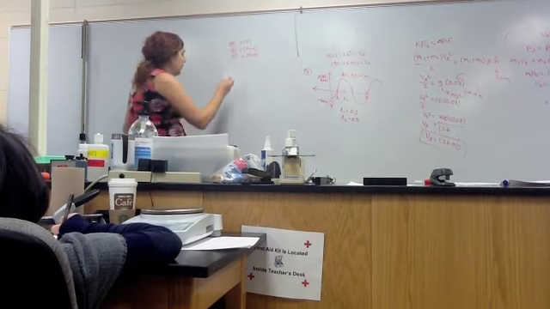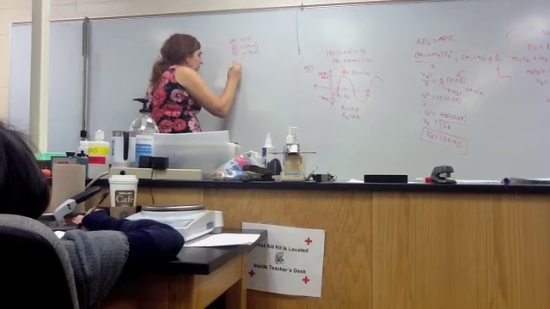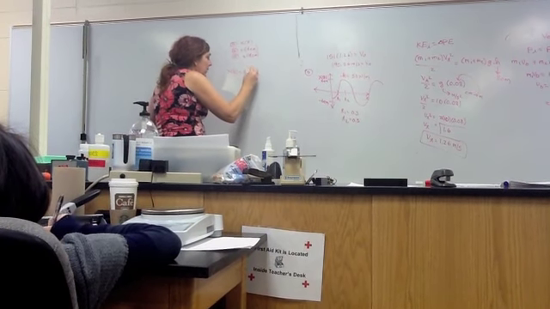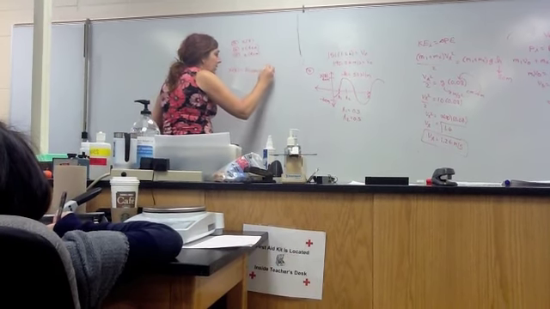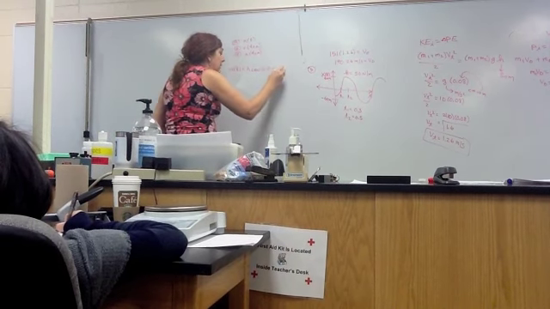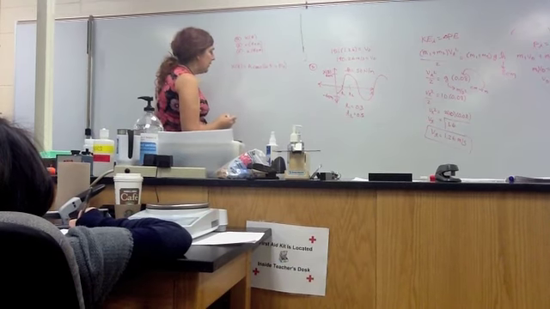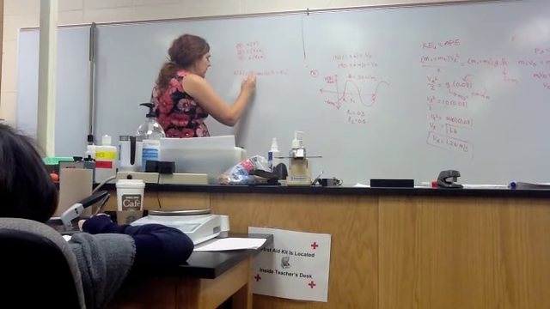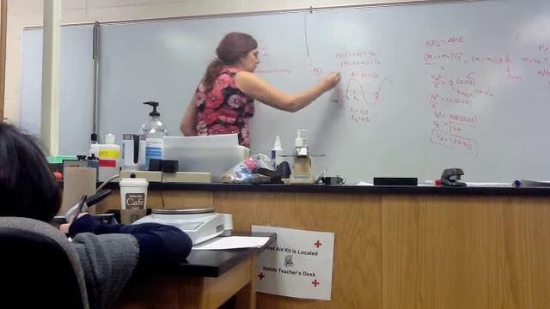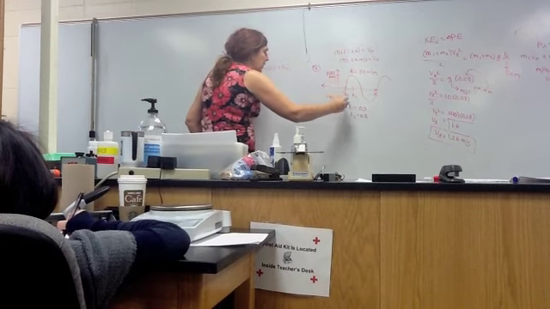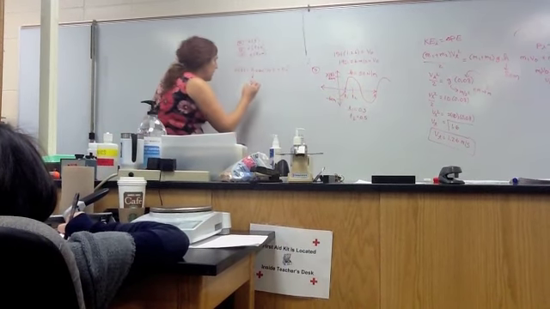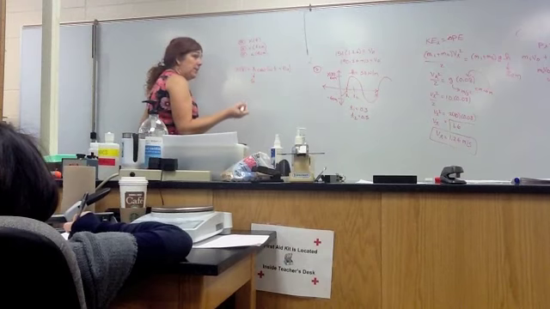The x of t position equation has this form: A cosine of omega t plus some phase angle, and so we need all 3 of these things. A is how far back and forth it goes, its maximum displacement. It goes back and forth between 6 and minus 6, so this is just 6.